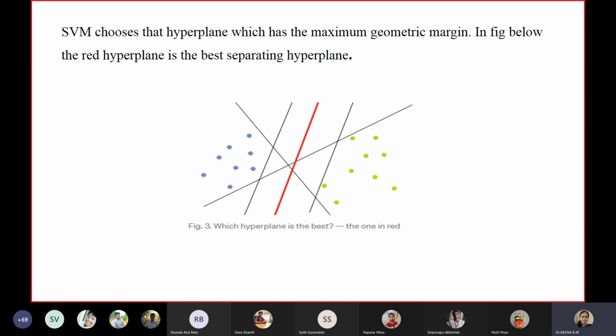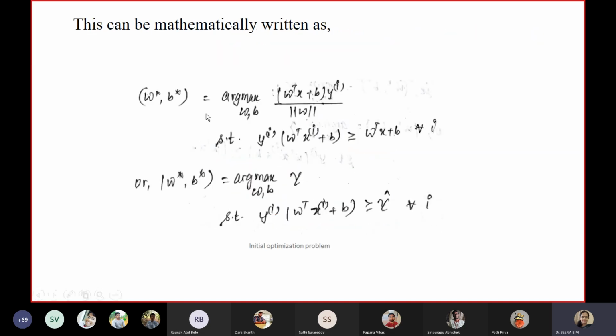So this can be mathematically written as W, B, max of the hyperplane value. Look at this equation carefully. This is the derivation. How does SVM maximize the margin?